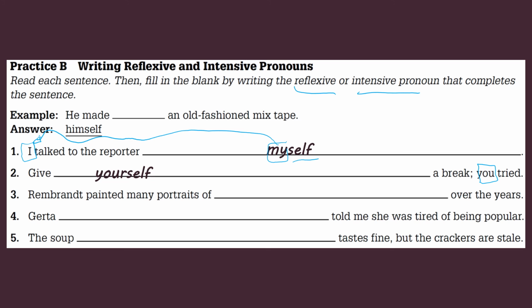Number 3, Rembrandt painted many portraits of over the years. So Rembrandt painted many portraits of himself, because Rembrandt is a man, male, so we use him. That will agree with a singular male, himself, and we add self since it is singular.